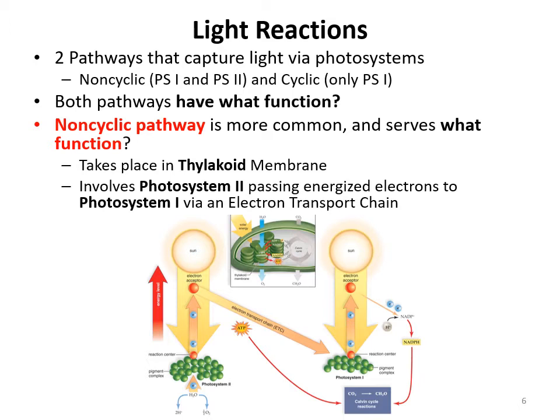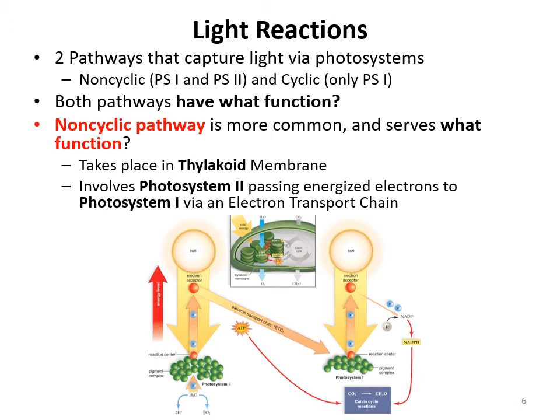That NADPH will then be used in the Calvin cycle. And what does the Calvin cycle do? It reduces carbon dioxide to carbohydrate. Okay, so that's the function. So the non-cyclic pathway serves to produce NADPH, which will then be used in the Calvin cycle for reducing carbon dioxide to carbohydrate.